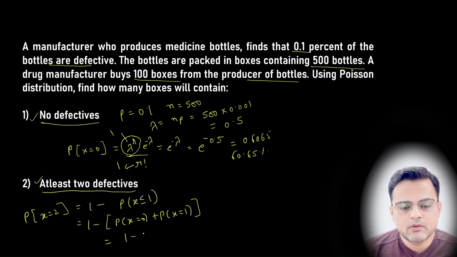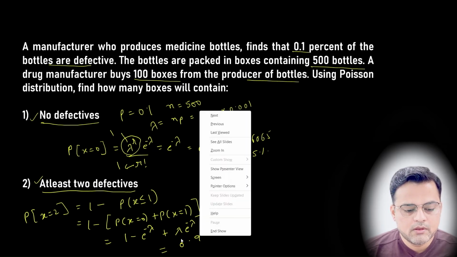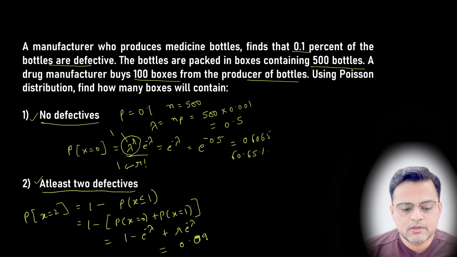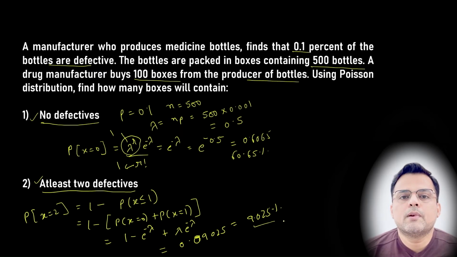So probability of x equal to 0 is e to the power minus lambda, and probability of x equal to 1 will be lambda into e to the power minus lambda. So if we solve all this, it will be 0.09025, which is equal to 9.025%. So now 9.025% is the probability that at least 2 defectives will be there.